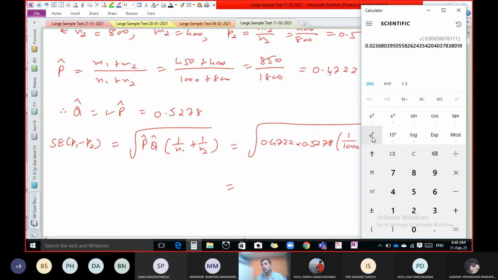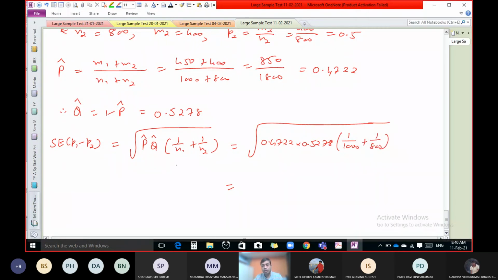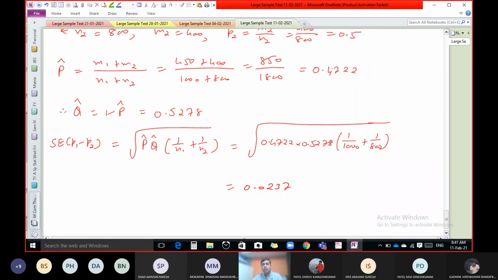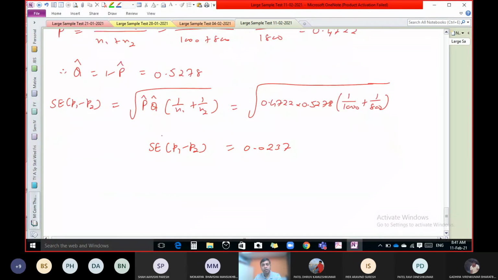So we get 0.0237, which is the value of the standard error of P1 minus P2.